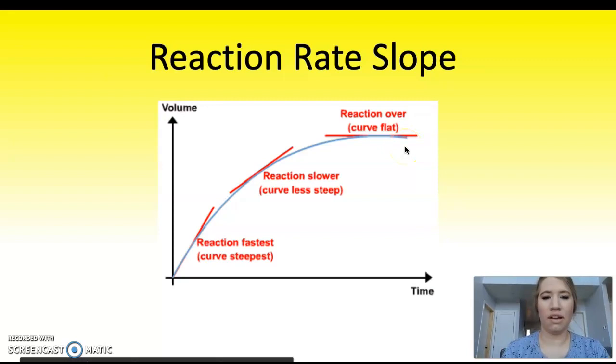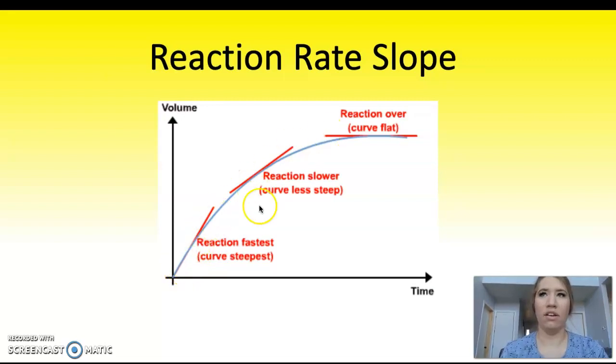Okay. Like we said, reaction rate is the slope of this line. And so when the slope is the steepest, think of this like a hill. You're pedaling your bike up a hill.